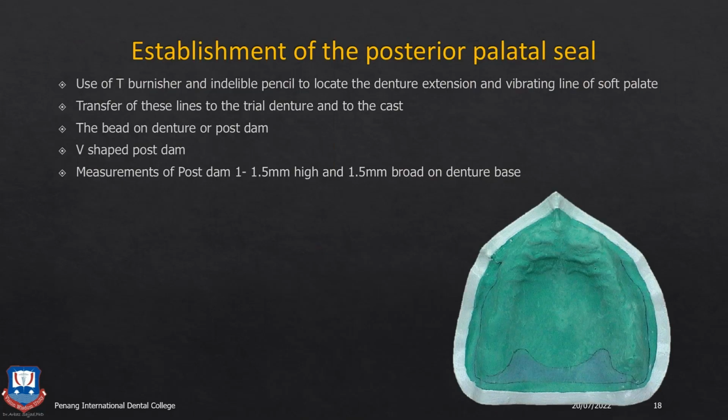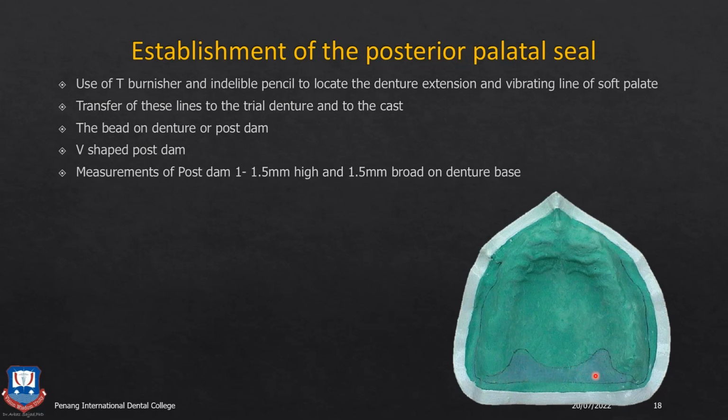Next, after horizontal and vertical jaw relationship record verification, you should also check the post-dam area. This is very important. The post-dam area you will usually check and verify at the time of the secondary impression. Using a T-burnisher, you will palpate the posterior palatal seal post-dam area, and you will identify the anterior vibrating line, the posterior vibrating line, and the palpable soft tissues of the hard and the soft palate in this area.